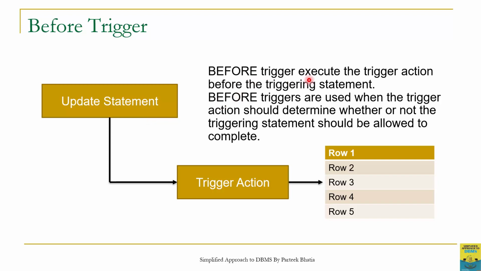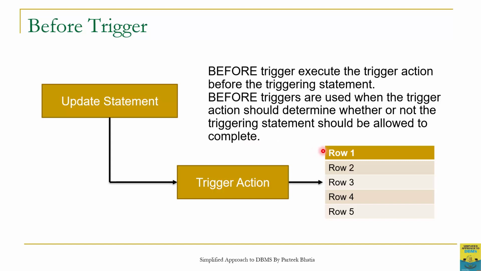Before trigger executes the trigger action before the triggering statement. It means trigger action is executed before updating these rows of the table. Before triggers are used when trigger action should determine whether or not the triggering statement should be allowed to complete.